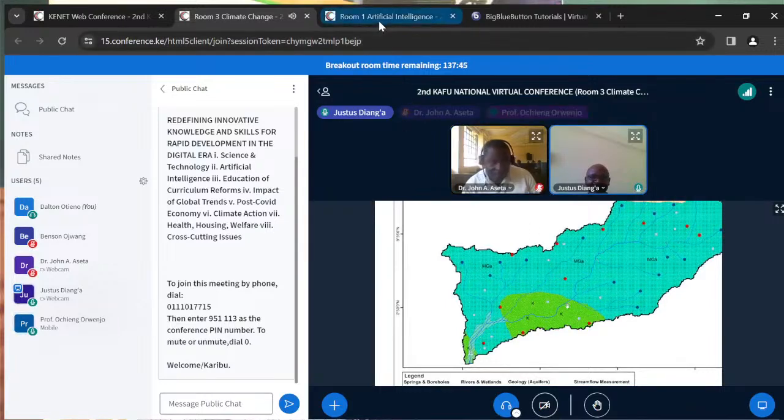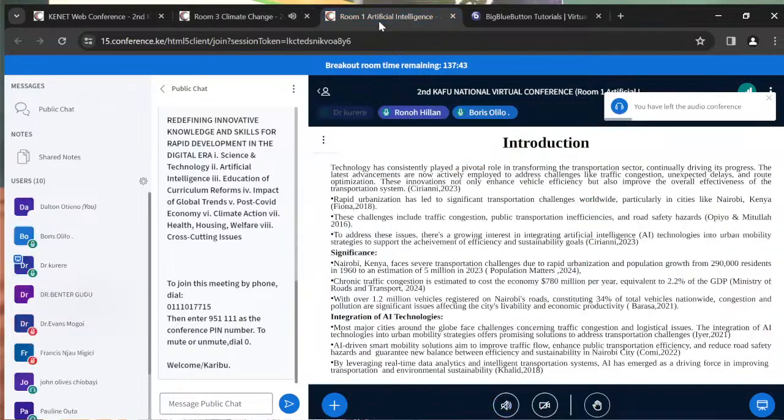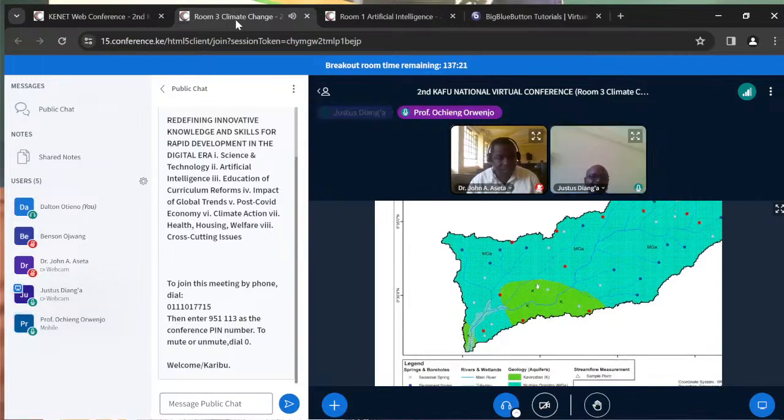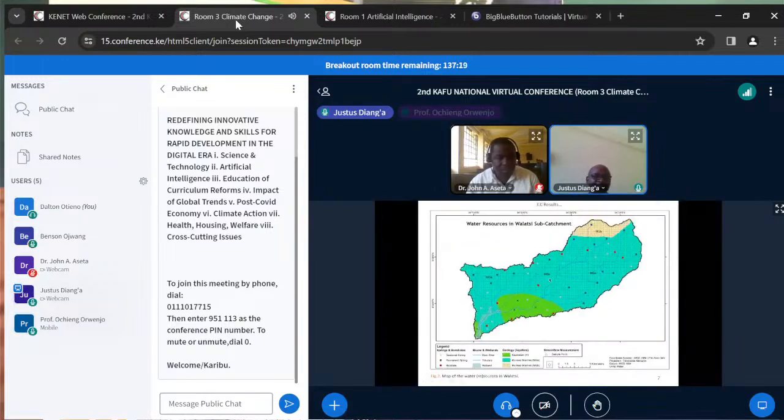The whole line here is the main river, which is called River Walasi, and the tributaries here are Misokoto. We have Kakoleti, Misokoto, and Analiwasi. Here is where the problem is reported of water scarcity majorly during the dry seasons. And these tributaries are seasonal, and as well you can see the dry seasonal, permanent. So, yes, we have a major river in the subcatchment.